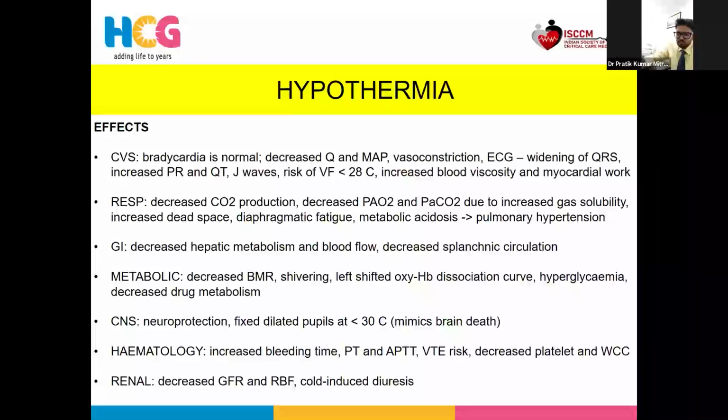Especially in the kidney, there will be a decrease in GFR and alteration of renal blood flow. In hematology, there is an increased chance of coagulopathy. In that way, in every system, we have the effects of hypothermia.